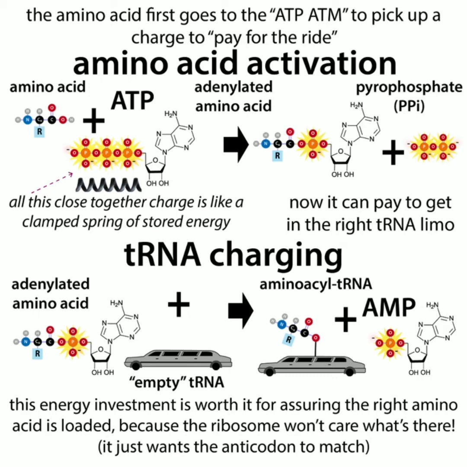And so basically you have that adenylated amino acid, so the amino acid is attached to the AMP, and it's going to get attached to the corresponding tRNA, and you release the AMP. So now you've paid for your ride, and so you have this tRNA loaded with the amino acid, and now you want to make sure that it gets to the right place.